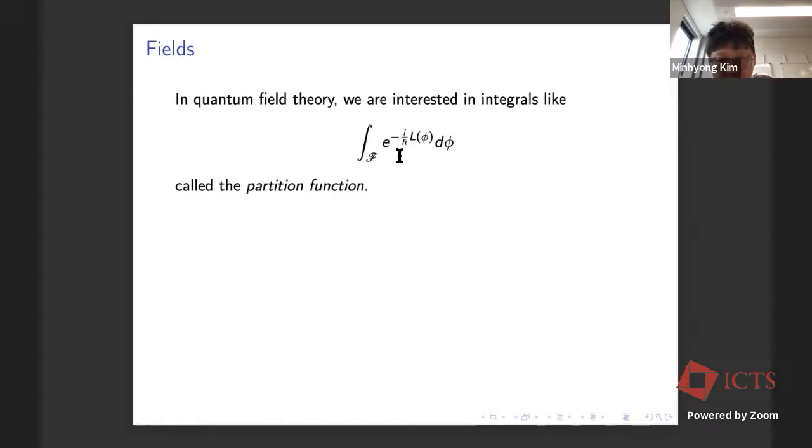You take the exponential of the action and integrate it over the space of fields. When you just integrate like that, this is sometimes called the partition function. Of course, it's a number, but it might be a function of other auxiliary things, like a temperature. But as I've expressed it here, it's just a number.